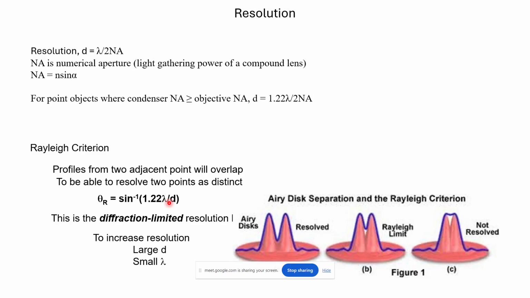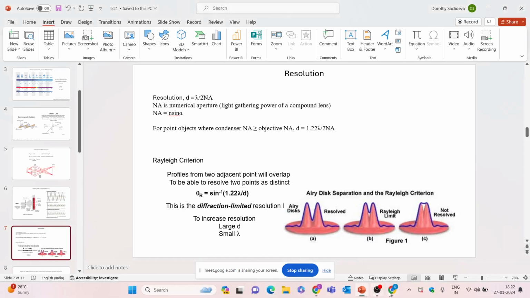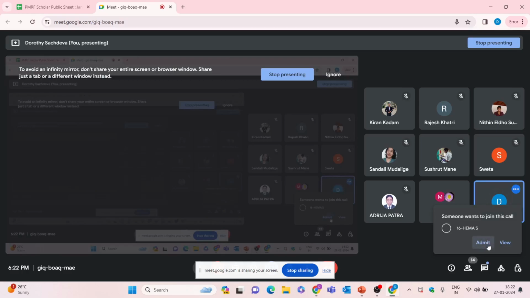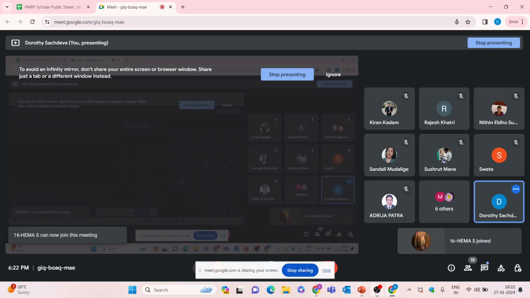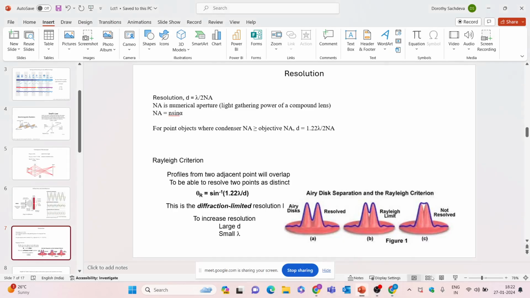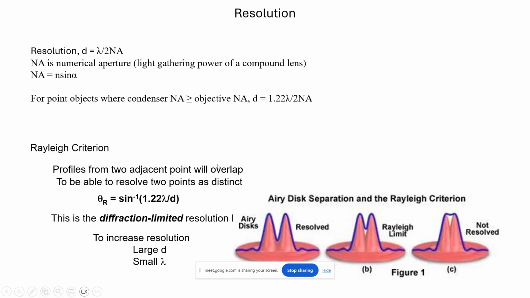Even when you have a microscope from a very good company and everything, even then this diffraction limitation will always be there, because this is the basic thing of the light to be resolved.